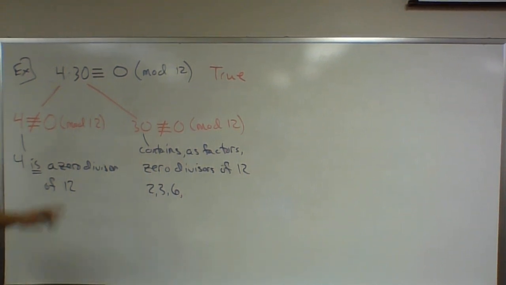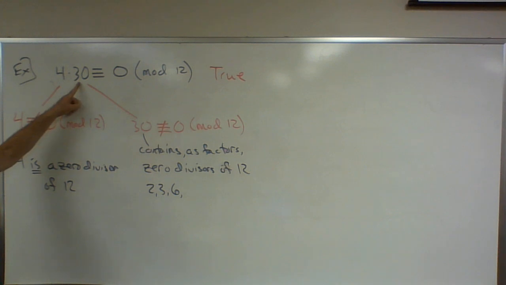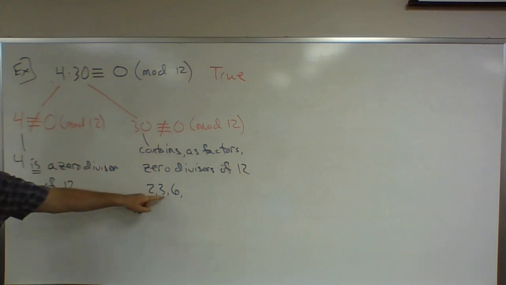So that's why we get 2 non-zero numbers multiplied together being congruent to 0 mod 12. Neither one's congruent to 0, but their product is. In the strictest sense, 30 isn't a zero divisor, but it contains as factors zero divisors 2, 3, and 6.